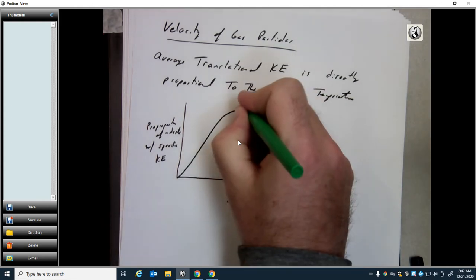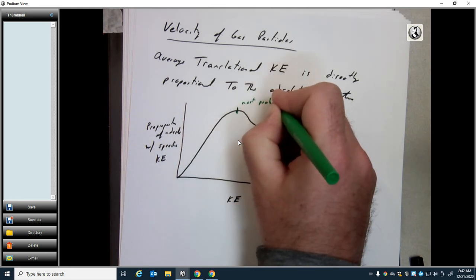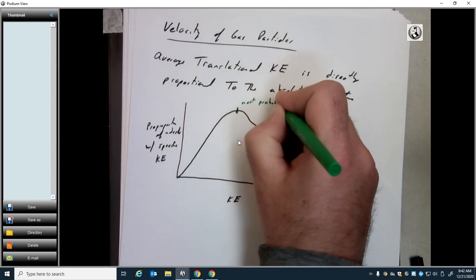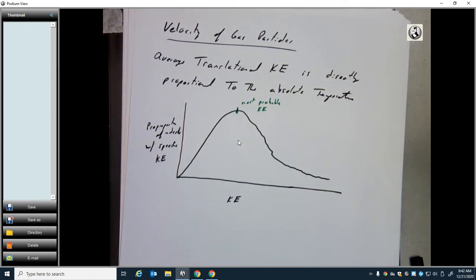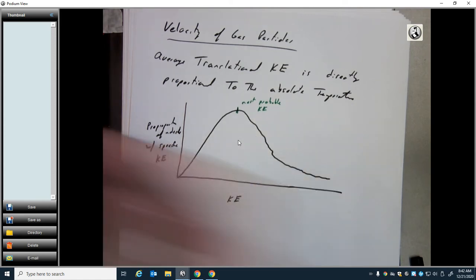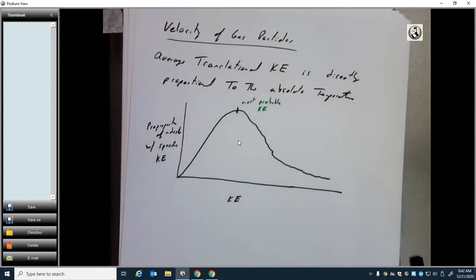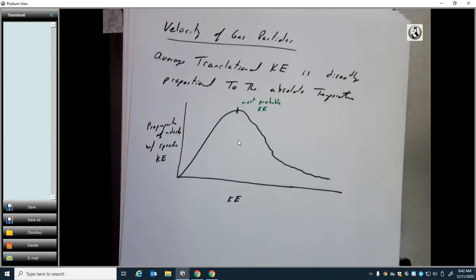Okay, so this would be the most probable kinetic energy. But it's not the average kinetic energy because this is skewed to the right. Right? So when we look at the graph, the most probable kinetic energy is not necessarily the average kinetic energy.